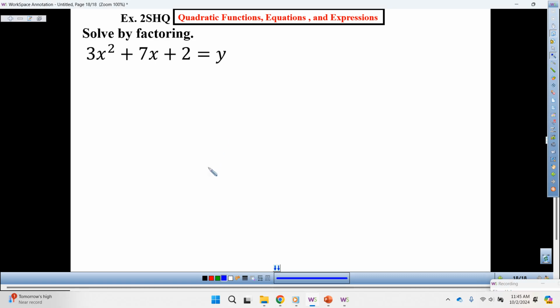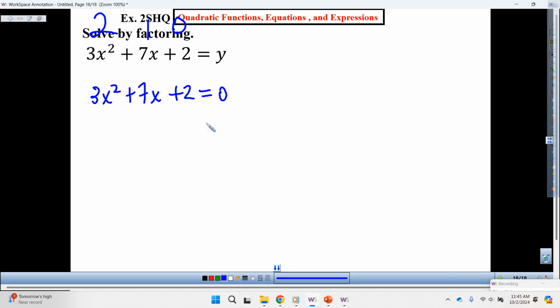Go. Standard form, 2, 1, 0, yes, and then? Substitute for y? The 0, yes. We got 3x squared plus 7x plus 2.